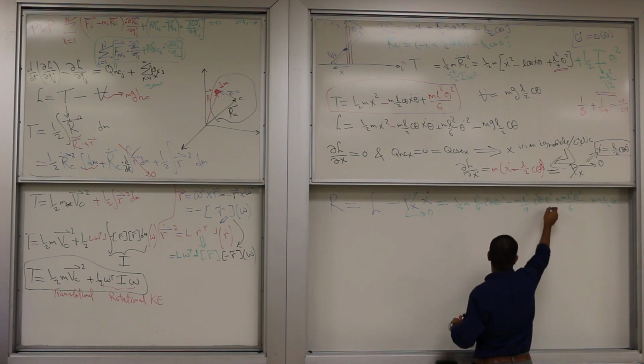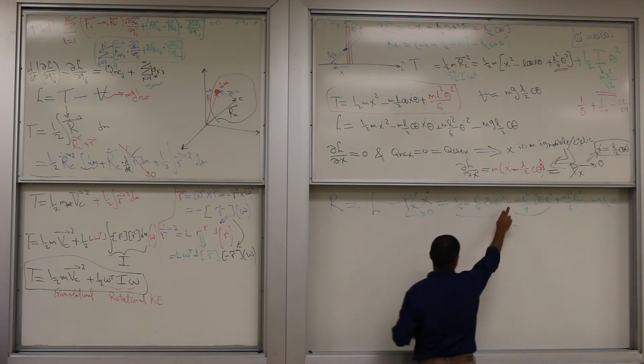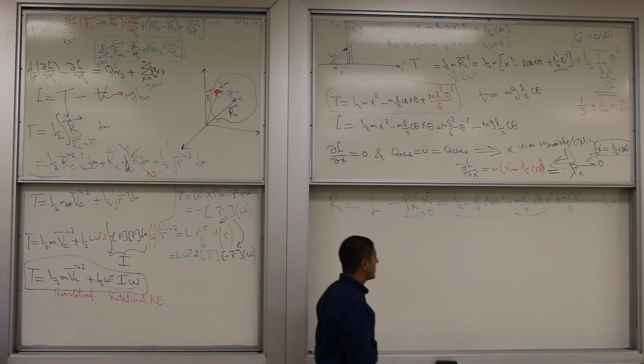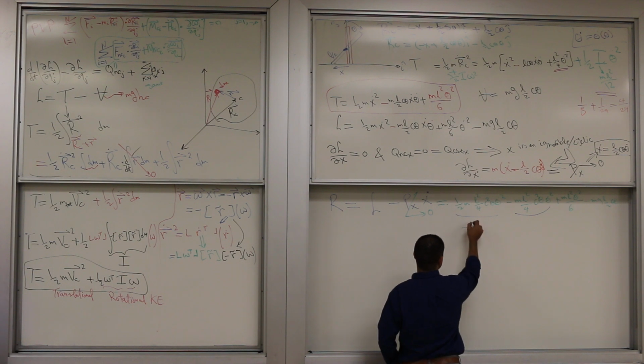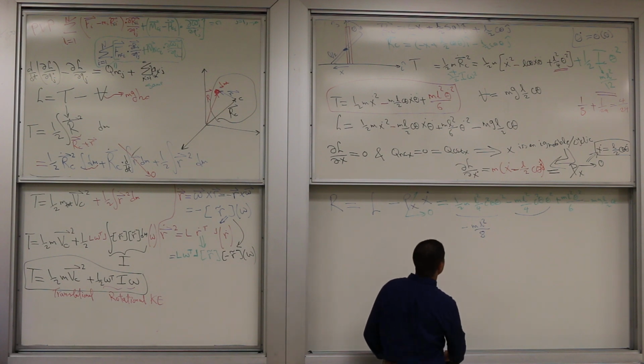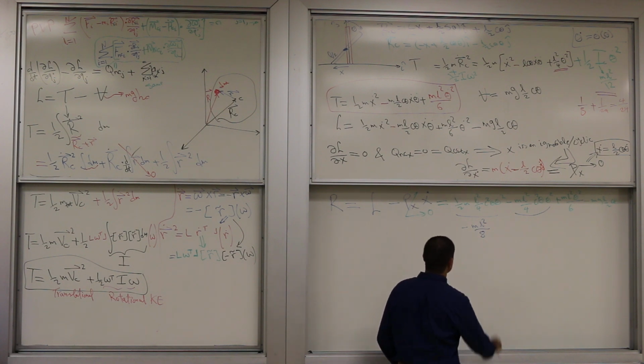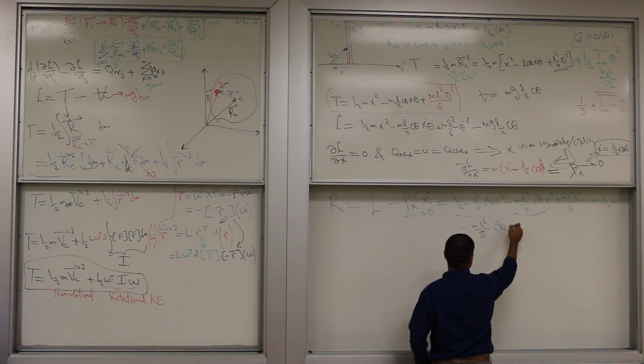So these two terms, I have 1/2 minus the other, so I got minus 1/2. So this is minus m L squared over 8 cosine squared theta theta dot squared.